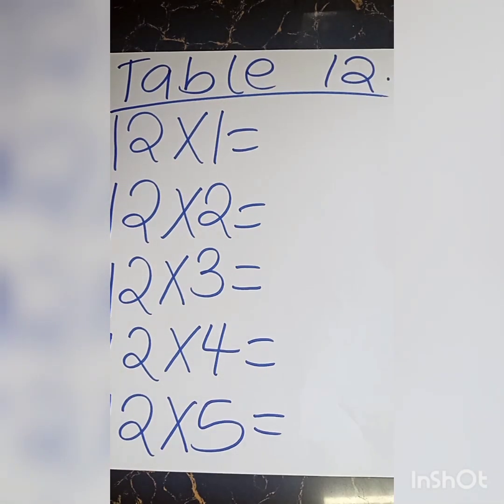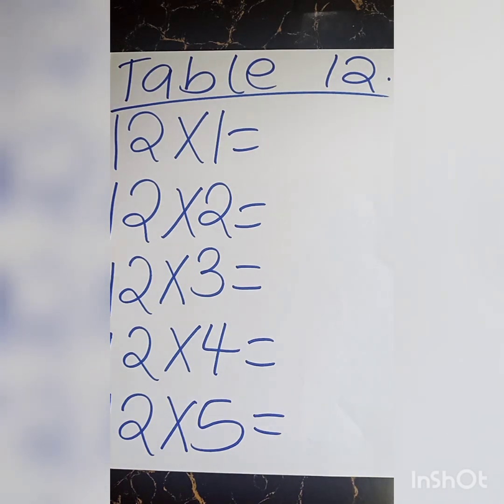So, do we remember what we said about table 6? If you don't remember, I'll leave the link to that video in the description box below. We said that 6 times 1 is 6 and 6 times 2 is 12. Those are the only two things that you need to remember for this particular lesson.